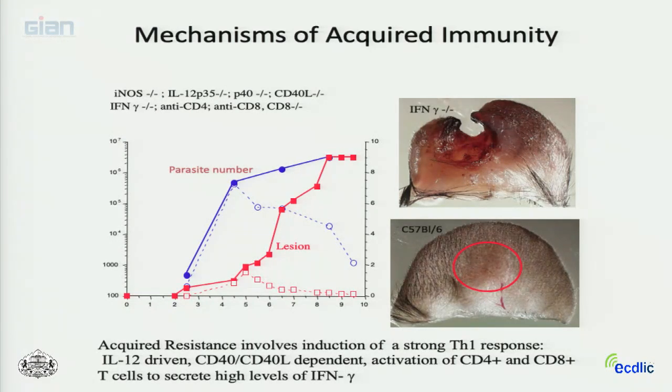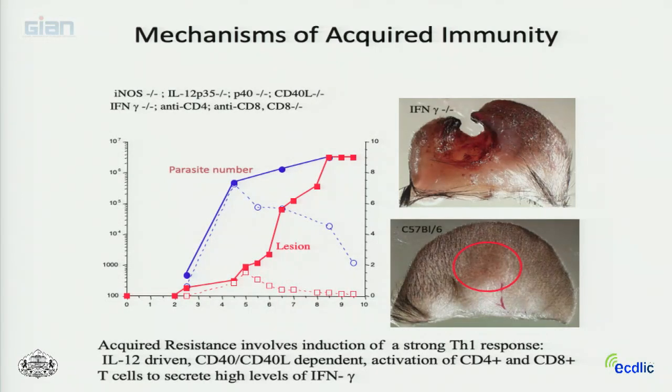So the dotted line is the parasite numbers in the wild-type mice. These parasites grow beautifully for a few weeks, but then, it takes a long time, you start to kill them pretty efficiently. So you'll kill off 99% of these parasites in the skin, and they'll develop these nodules that aren't very severe, and then they'll heal.